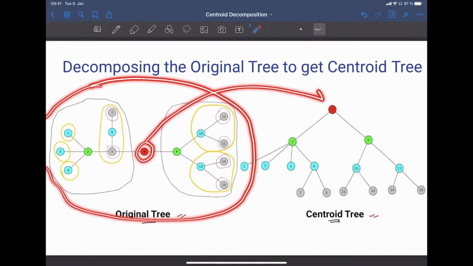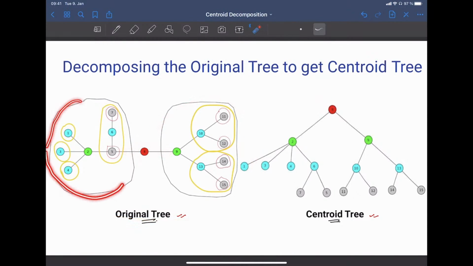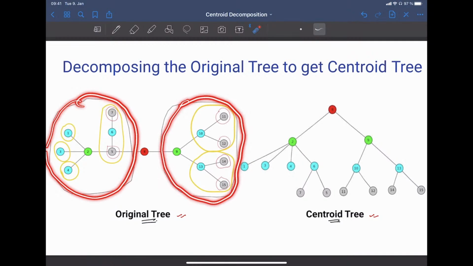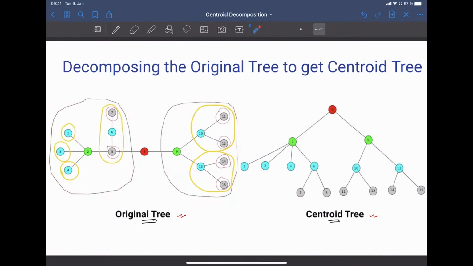We make this centroid the root node, and then we remove the adjacent edges corresponding to this centroid, and we get two smaller subtrees, subtree one and subtree two. We recursively call decompose on these smaller subtrees.